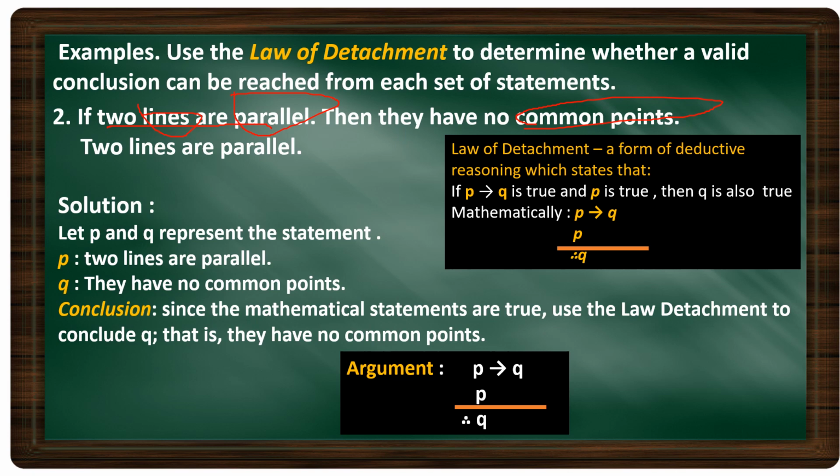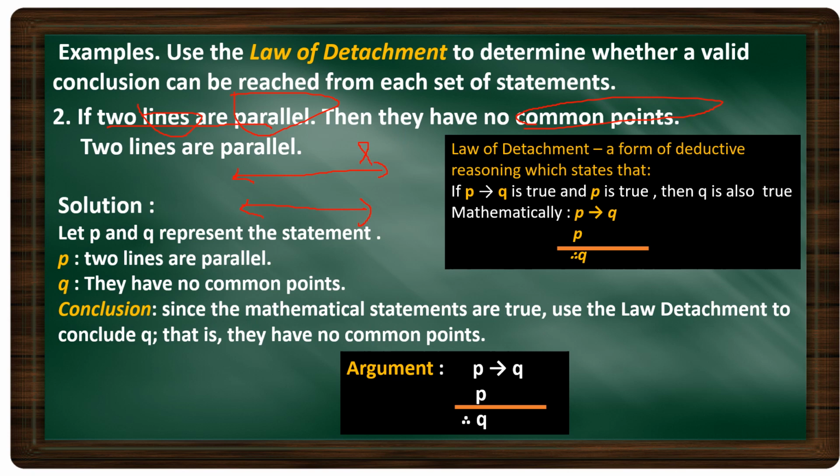If I put two lines here, this is it. Let's say this is the parallel line. Our parallel line is a straight line. The number one characteristic of parallel lines is that they do not intersect at all times. Of course, if they have no point of intersection, they also have no common point with each other.